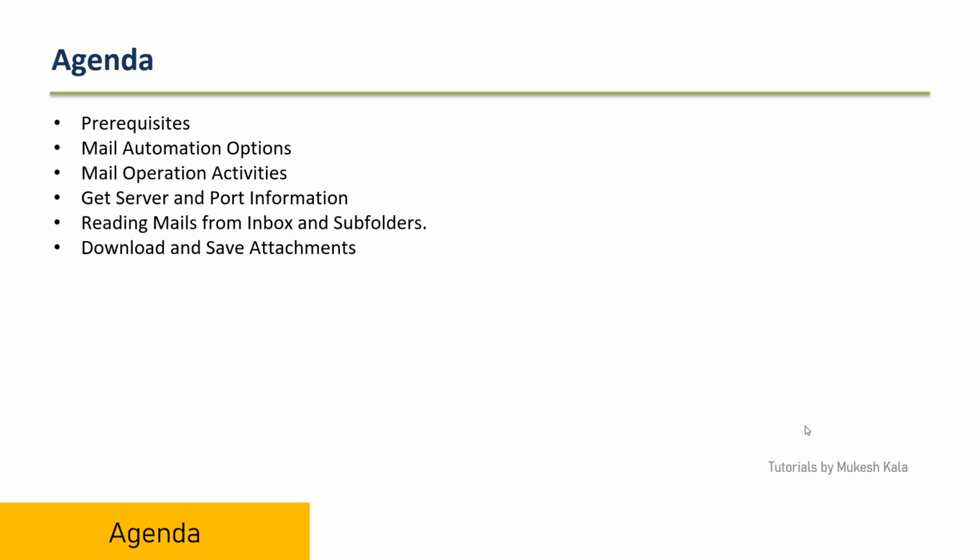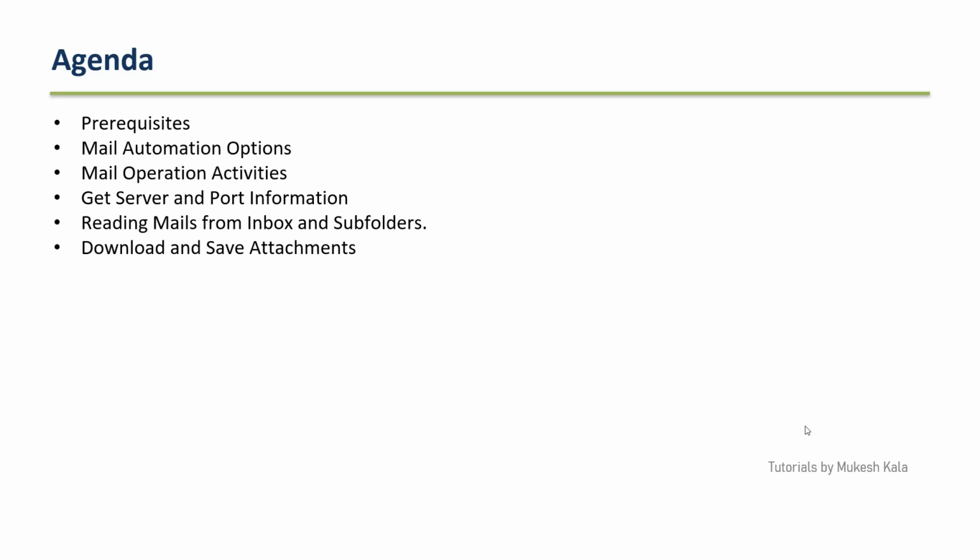Talking about the agenda, this would be our agenda for today. We are going to start with what exactly are the prerequisites required to start with email automation. Post that, I am going to quickly cover what mail automation options are available, and the different mail operations activities. For IMAP, particularly, how I can get the server and the port information.